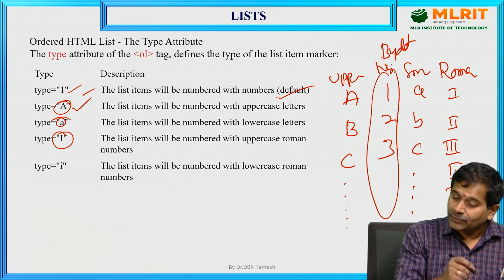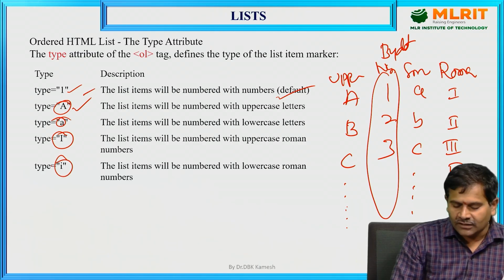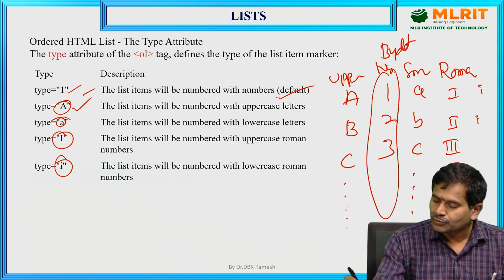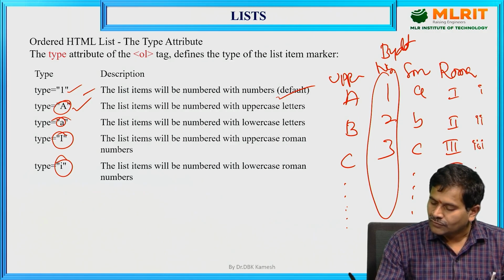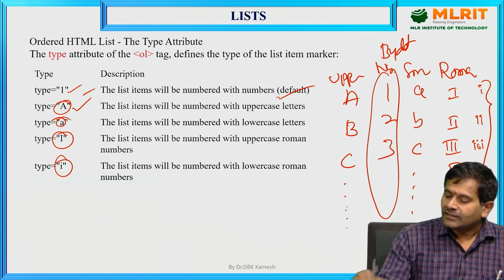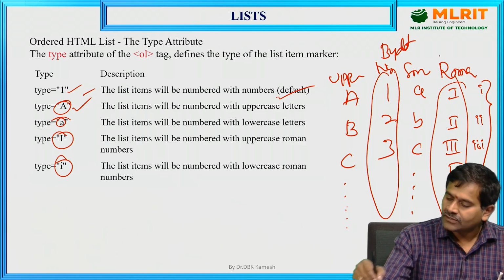Then for example, you are using an uppercase Roman letter, and this is a lowercase Roman letter: i, ii, iii, iv, v, like this. These are the lowercase Roman series. These are the uppercase Roman series.